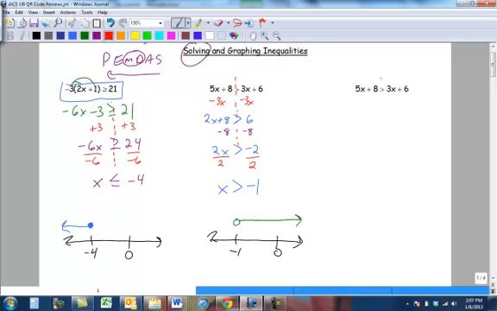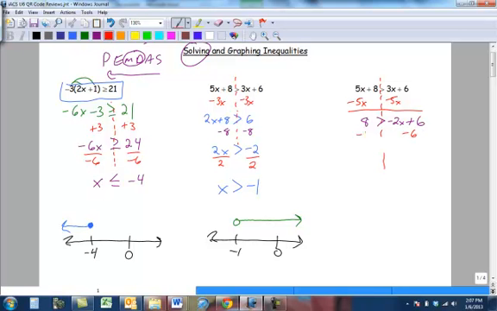Now, suppose I did the exact same problem, except instead of moving the 3x first the way I did here, let's suppose I move the 5x instead. If I do this, I get 8 is greater than 3x minus 5x, which is -2x, plus 6. Now, again, we get rid of addition and subtraction.